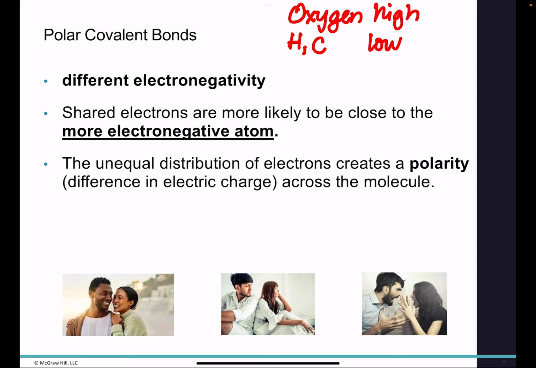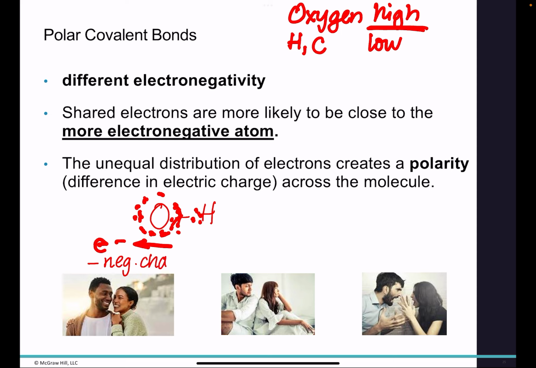And what happens here is that because oxygen has that really high electronegativity, it's going to pull electrons more strongly towards that oxygen, which means that around an oxygen in a bond, you're going to get that electron spending just a little more time and not as much time around the hydrogen. Because electrons are negatively charged, we're going to get an increase in electrons around the oxygen, which means we're going to get a more negative charge around the oxygen.